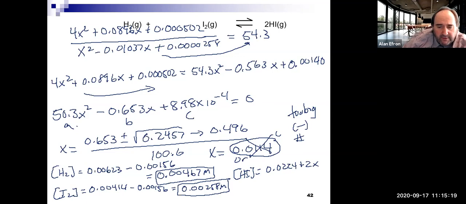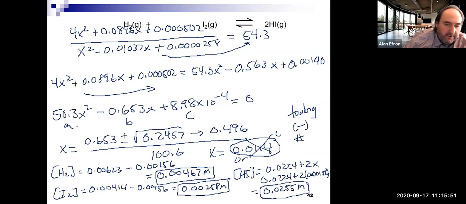So that's going to be 0.0224 plus 2 times our x value of 0.00156. And that gets us 0.0255 as our equilibrium concentration of our product.